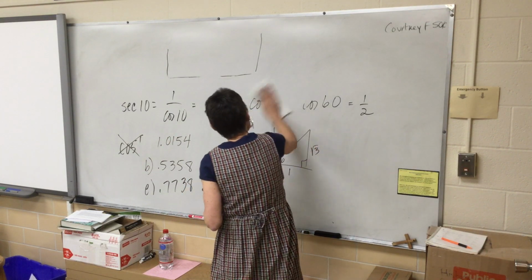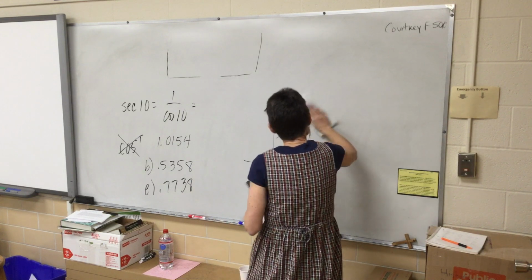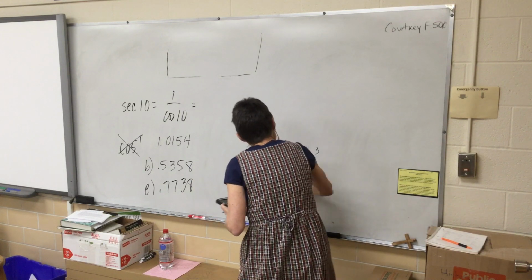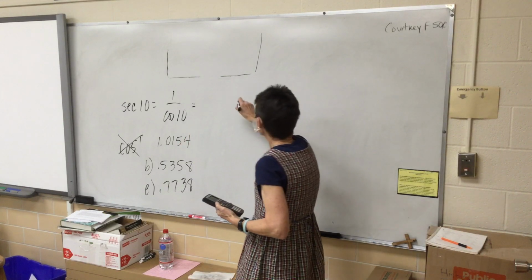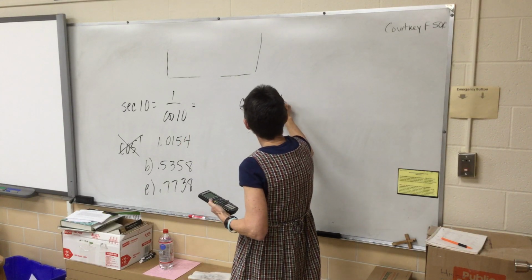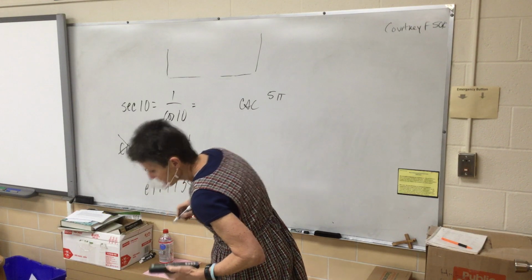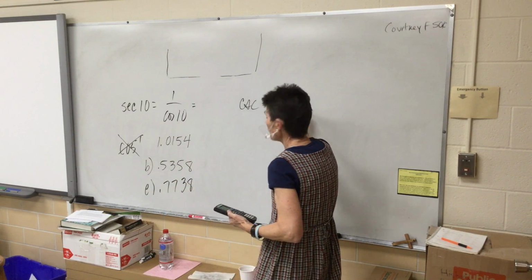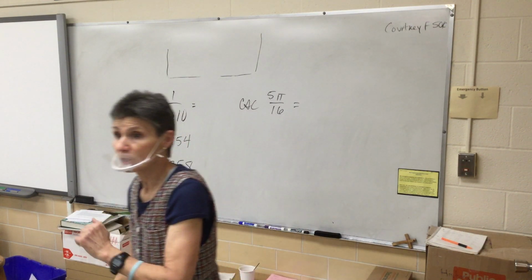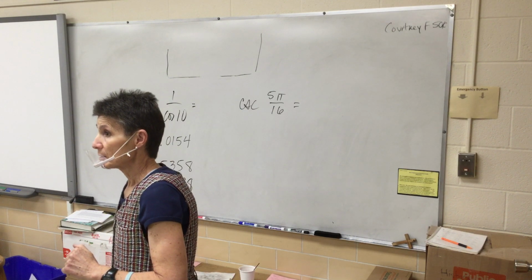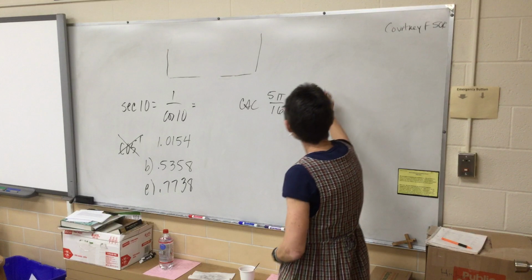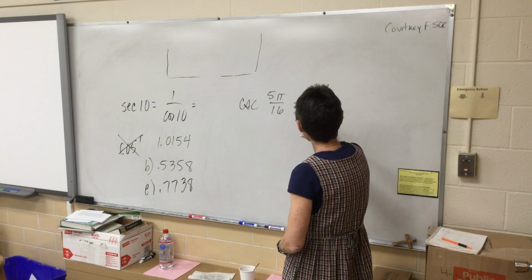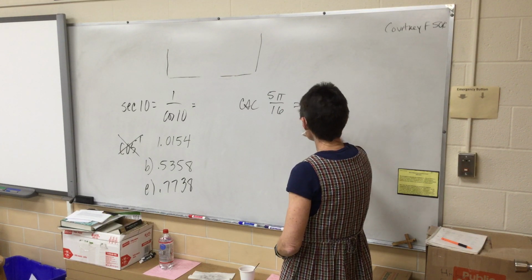How am I going to do a cosecant on my calculator? Don't get wild and wacky. What's the definition of cosecant? Reciprocal of sine. So I'm going to type in 1 over the sine of 5 pi over 16.